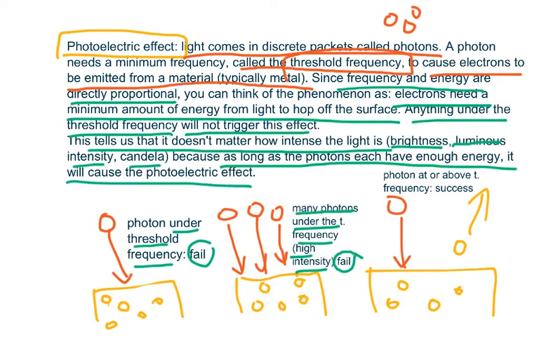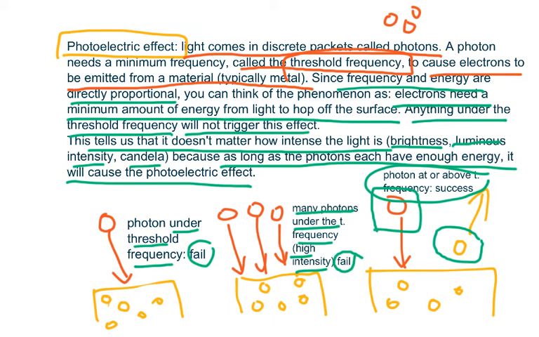So in the last image, this one photon is above the threshold frequency, so once it hits the metal surface, it will excite an electron off the surface. This goes to show that it doesn't matter how many you have; as long as the photon itself has a frequency above the threshold, it will excite electrons off the surface of metals.